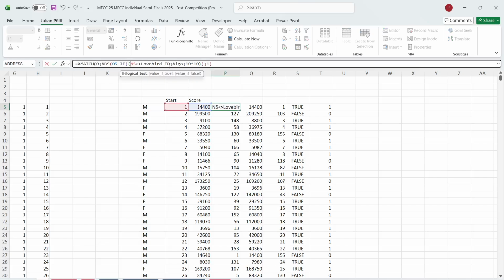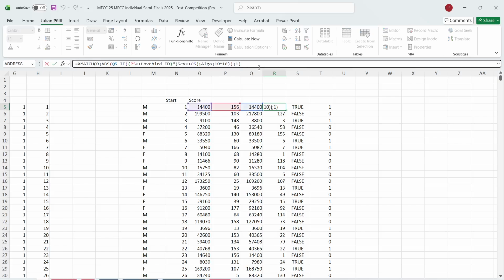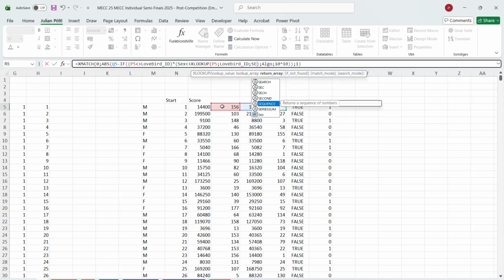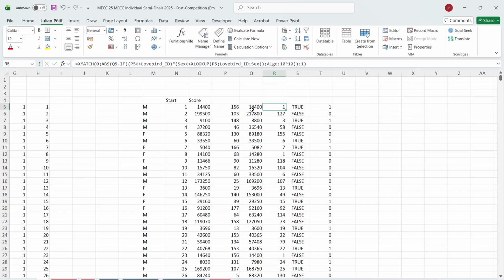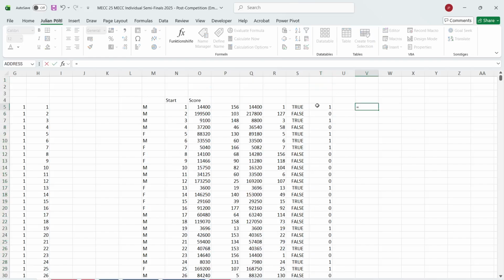So okay, still double counting. I should not have deleted it.